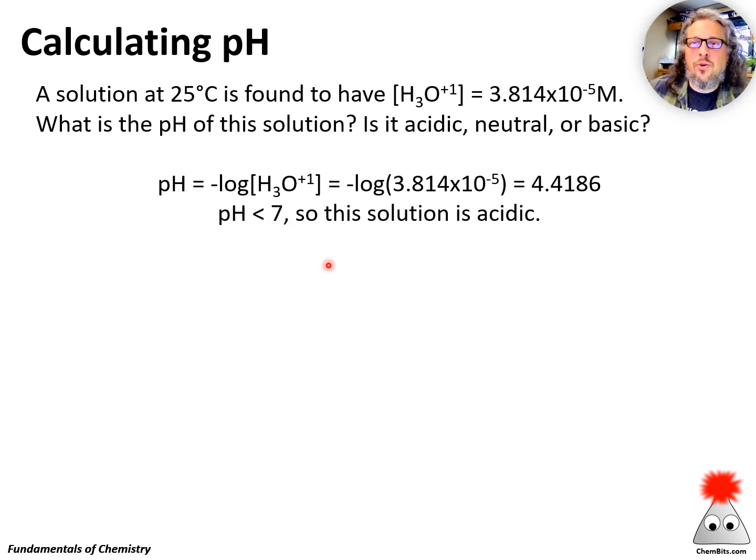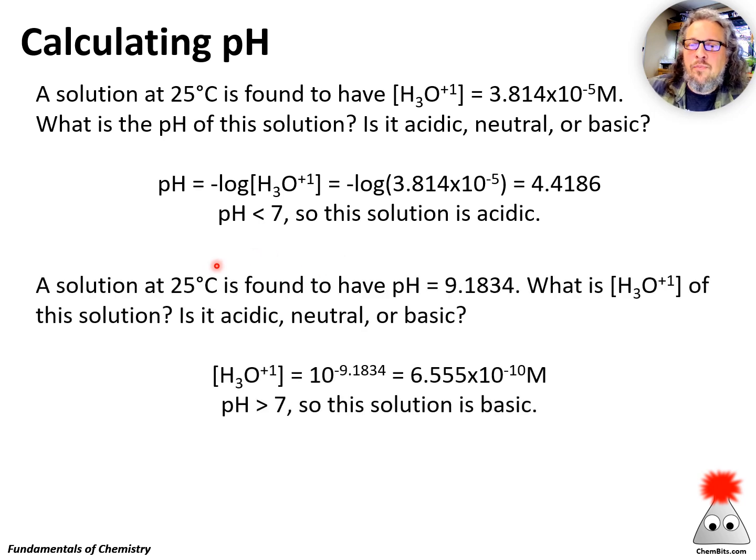What if we go the other direction on that calculation? A solution at 25 degrees C, again, is found to have a pH of 9.1834. What is the H3O plus concentration of this solution, and is it acidic, neutral, or basic? Well, in this case, we can answer the second part first, right?